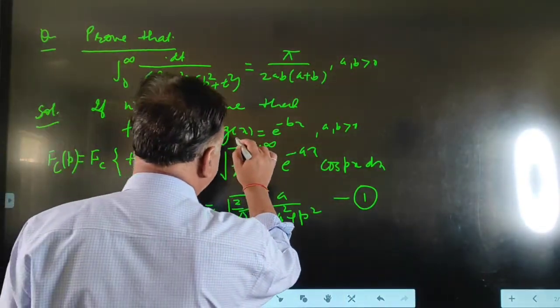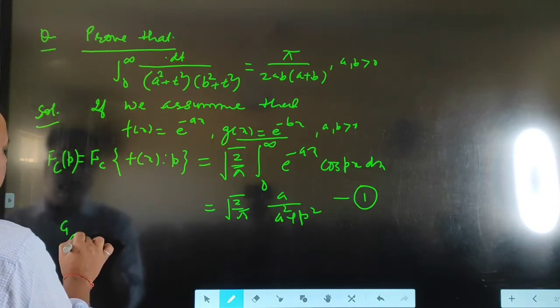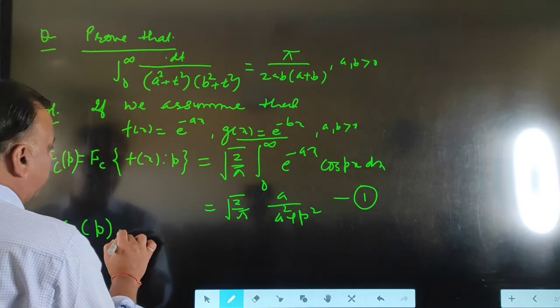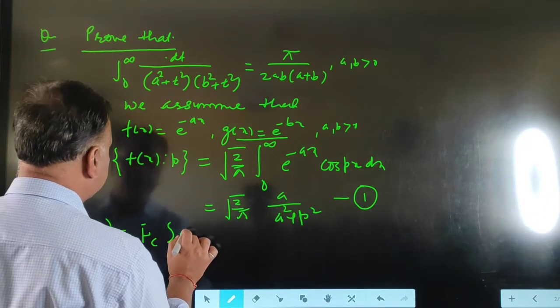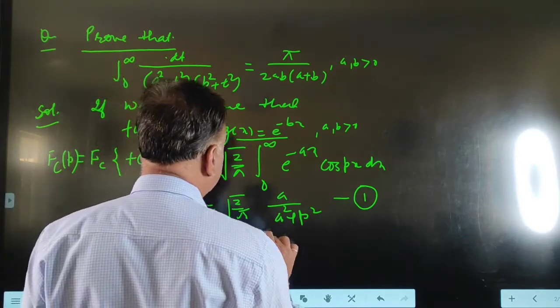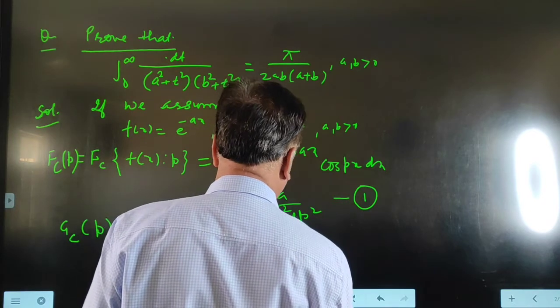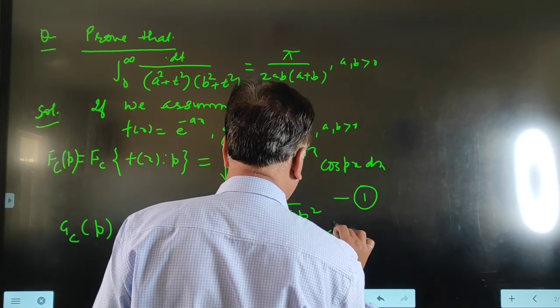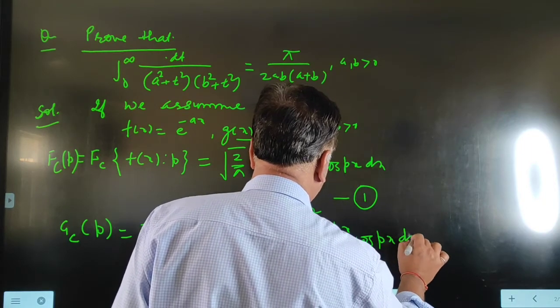we have taken g(x) equal to e raised to minus bx. So if the Fourier cosine transformation of g(x) is equal to Gc(p), then this is equal to the Fourier cosine transformation of g(x) with respect to p. By definition, this is equal to root 2 upon pi integral 0 to infinity e raised to minus bx cos px dx.